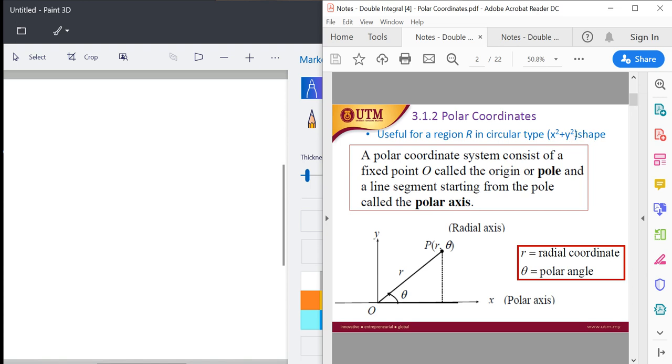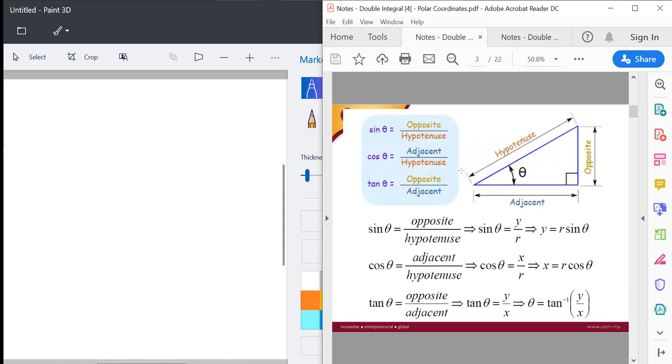x squared plus y squared equal to whatever is given. R is the radial coordinate and theta represents the polar angle. This is what you learned previously, so this is just a revision.